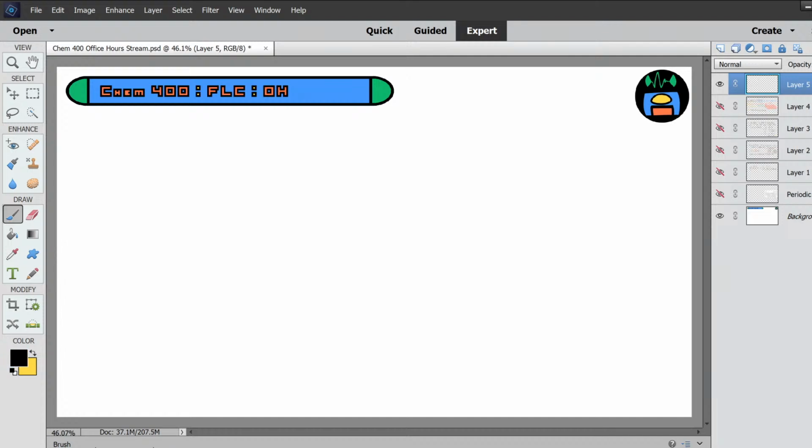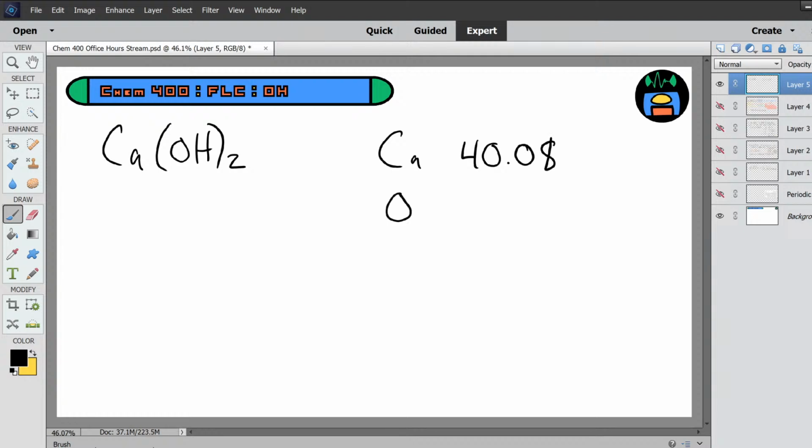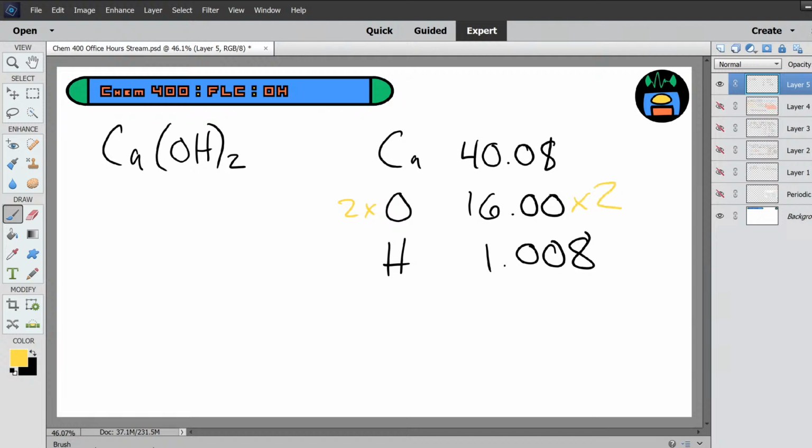For example, if you were to calculate the molecular weight of calcium hydroxide, this has not only the polyatomic ion hydroxide, but there are two of them. So here we'd be dealing with one calcium, and not just oxygen and hydrogen, but two oxygens and two hydrogens because we have two hydroxides.